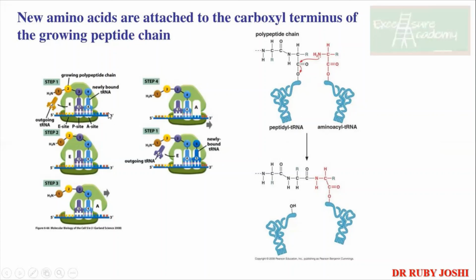You can see this was your first amino acid, and you can see the N terminus of this is free. That is why we say the polypeptide chain is read from the N terminal to the C terminal. Correct?